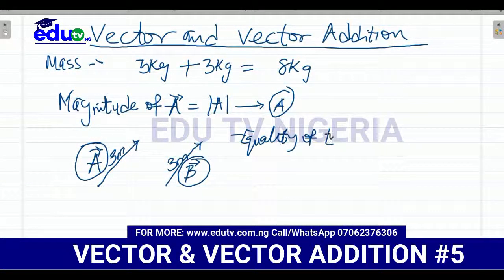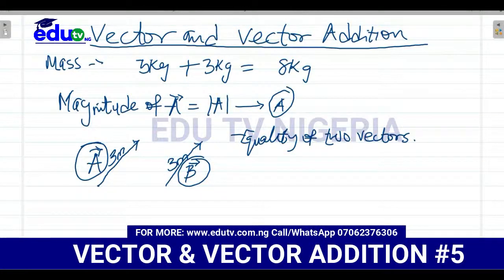Between vector A and vector B, we say they are equal because they have the same magnitude and the same direction, and both of them are parallel, facing the same direction.